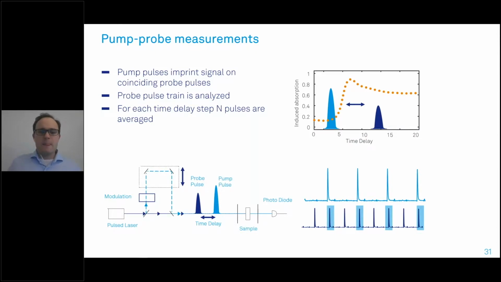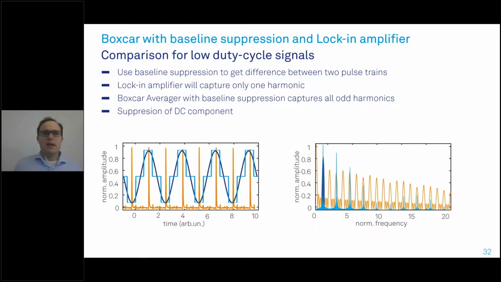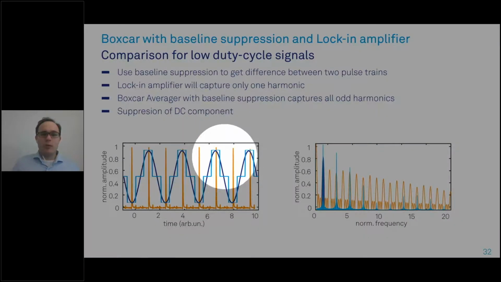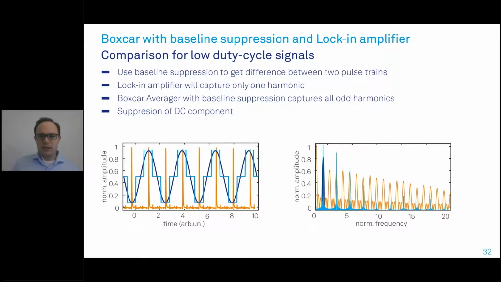What we do there is we use a so-called baseline suppression window. And now the boxcar averager gets even a little bit more similar to the lock-in amplifier. So again, we have every second pulse with our positive boxcar window and every other pulse where we have a negative boxcar window. What we achieve there is we basically compare one pulse to its successor.